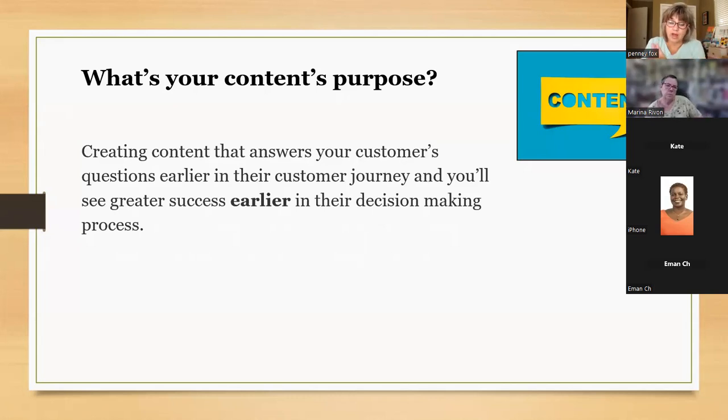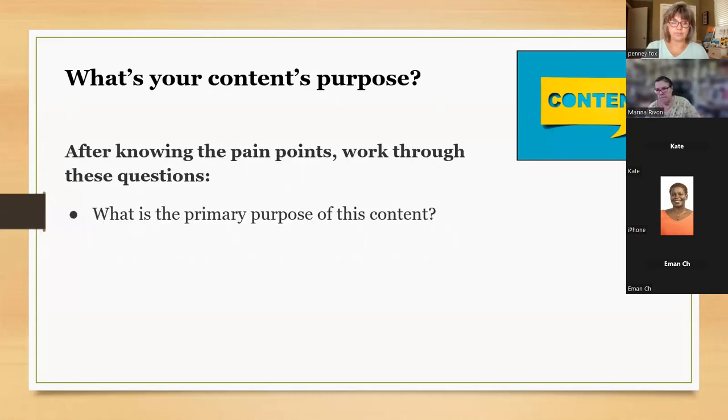But if we back up a few steps and think about the customer journey, you're going to see greater success earlier in the decision-making process than if you had just thrown up a whole bunch of passive content onto your social sites.